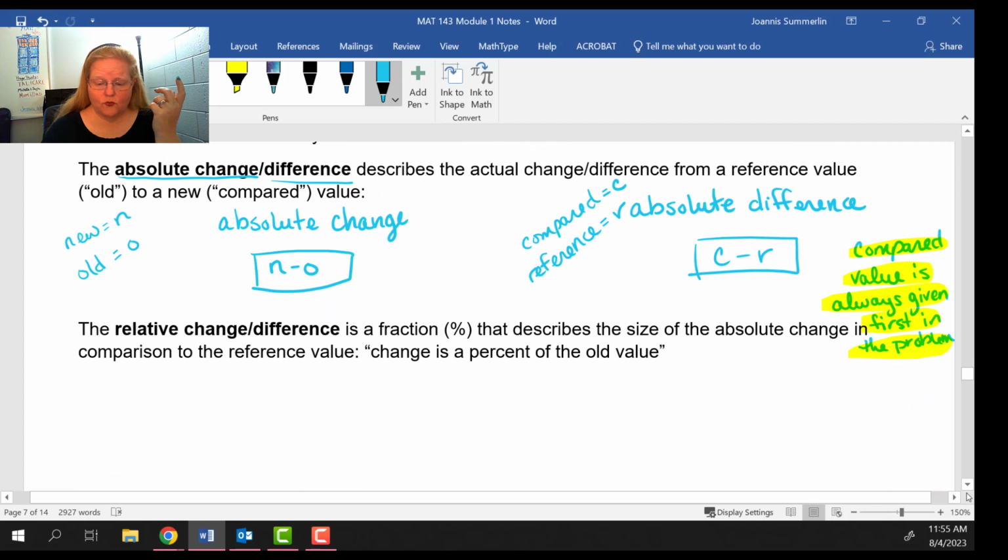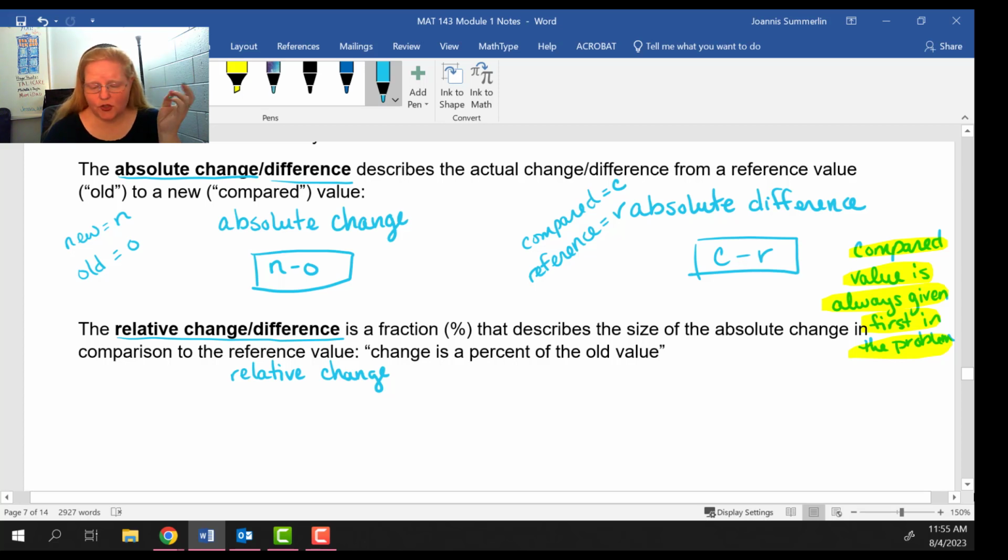Now, in addition to being able to do the absolute change and the absolute difference, you have to be able to do the relative change and the relative difference, and they have different formulas. For relative, you need to understand that they are wanting percentages for both of these. That's what relative means.